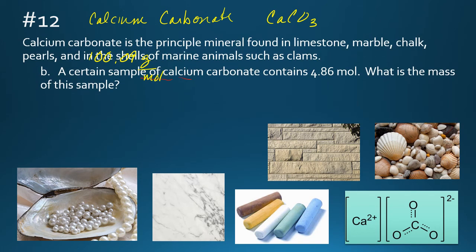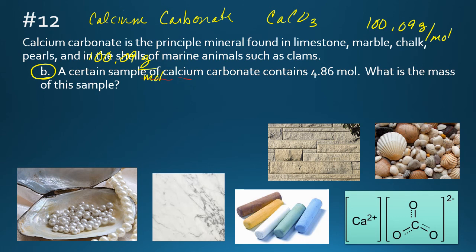Now, the next thing I want to know is, of course, because I'm not going to just leave the problem like that, of course things aren't going to stay that easy. No, now I need to find another thing to do. So if I have a sample of calcium carbonate, for whatever reason, it doesn't matter.